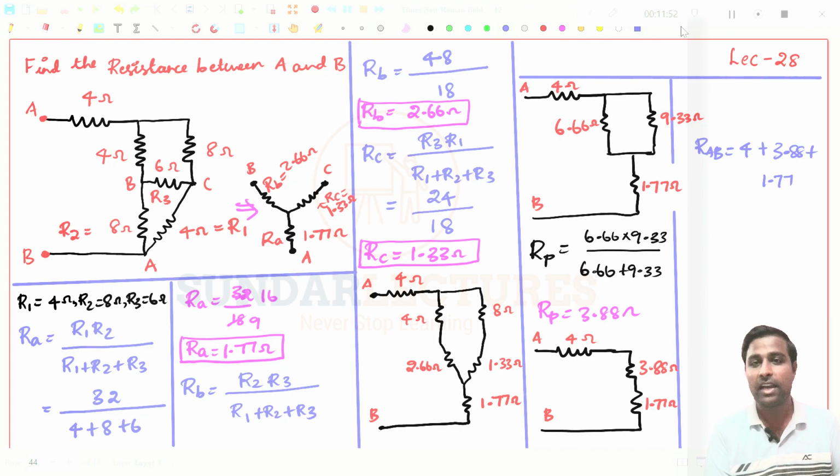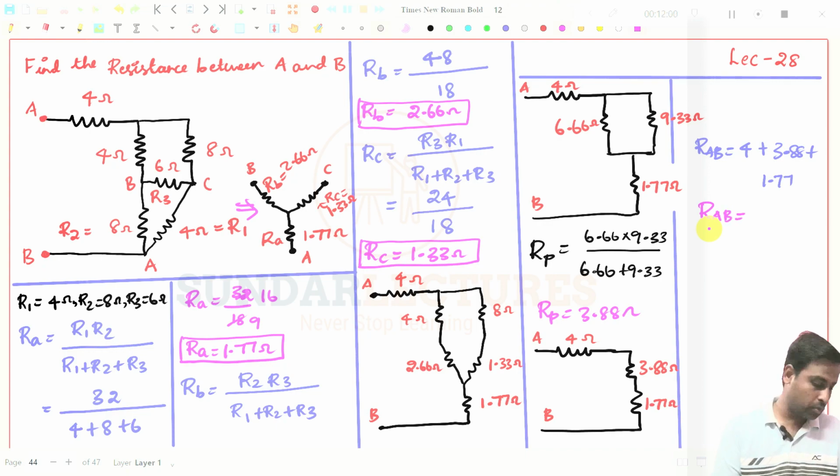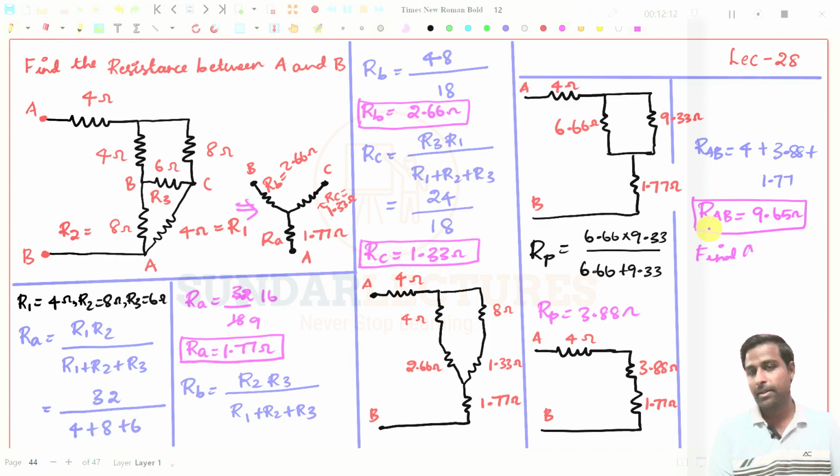So if I simplify finally, R_AB will be equal to 9.65 ohms. So this is the final answer, right? So you see, we have simplified the resistance between point A and B.